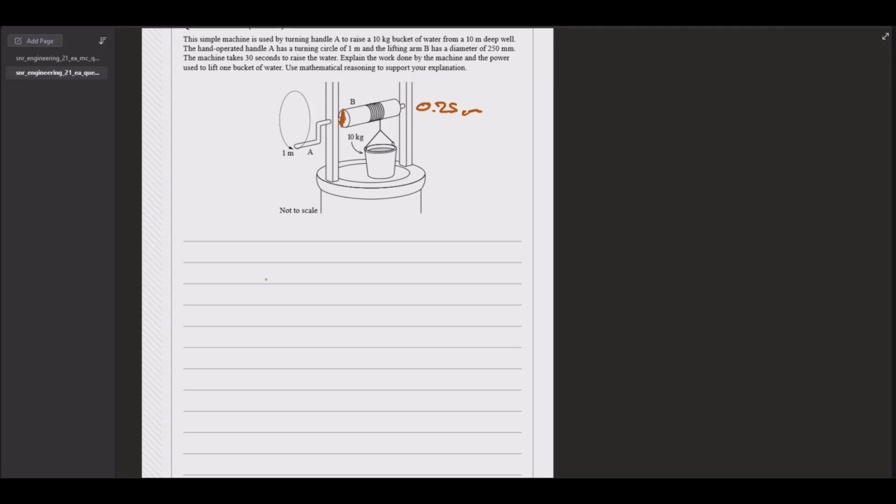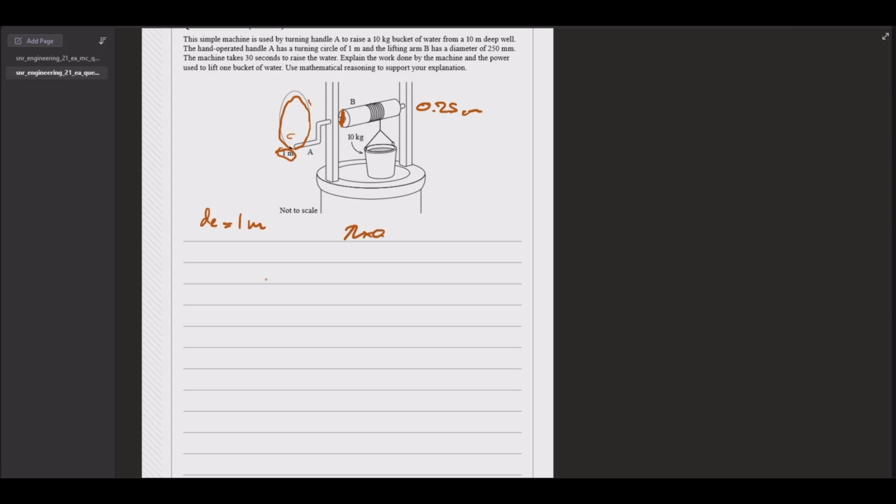And what we're going to do here is we're going to see, first of all, how much I have to move A, this turning circle here, to do 1 revolution of B. Oh, it's already told us it's a meter. So, distance of the effort is going to be 1 meter.